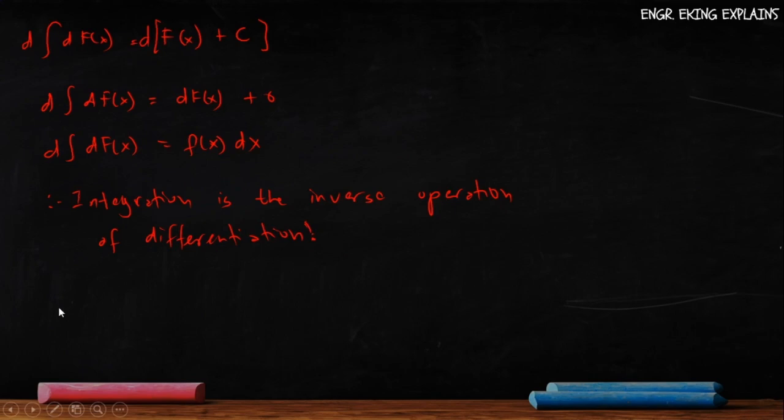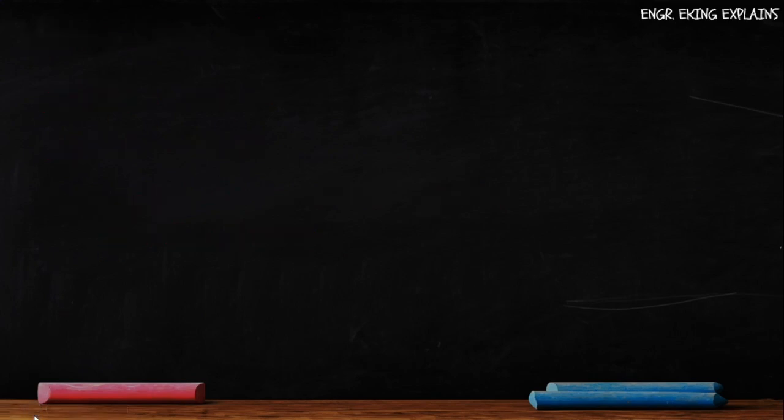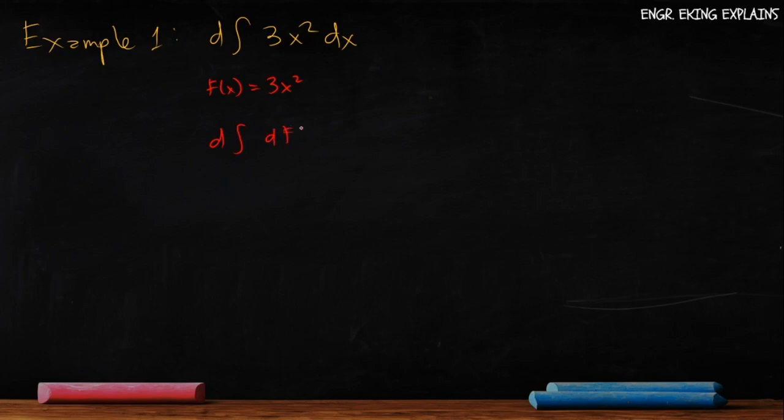Let's use this principle in some examples. We have here the derivative of the integral of 3x squared dx. For this one, our f of x is equal to 3x squared. By definition, it is equal to f of x dx.